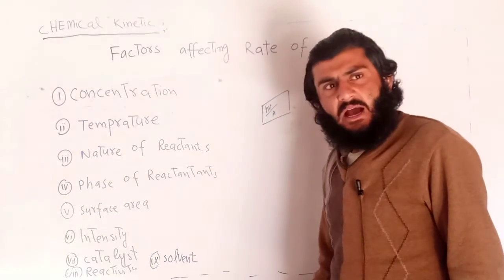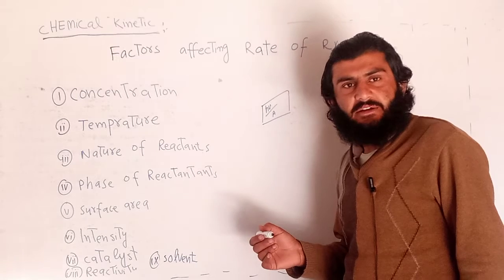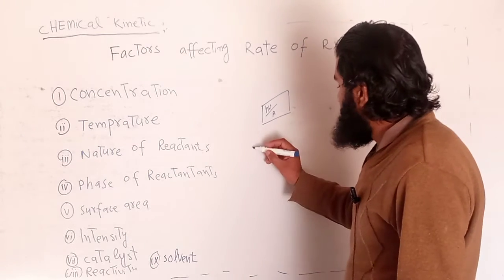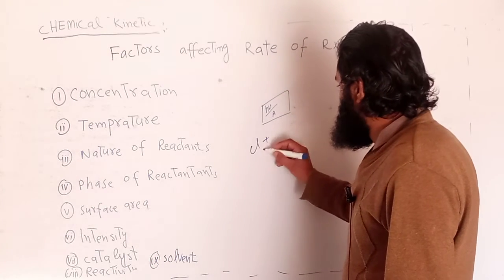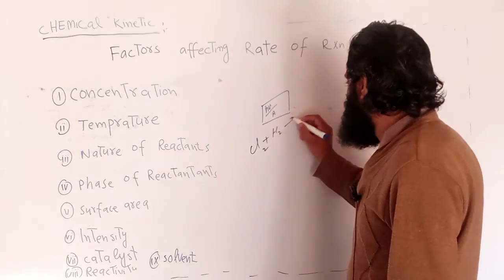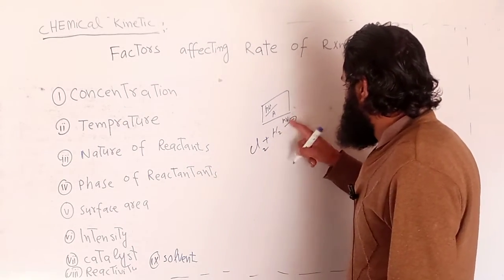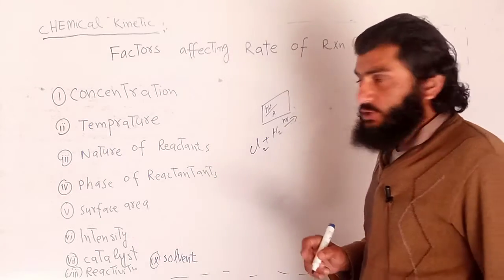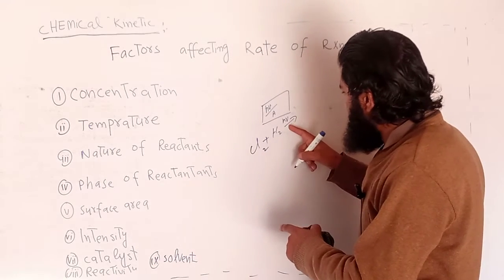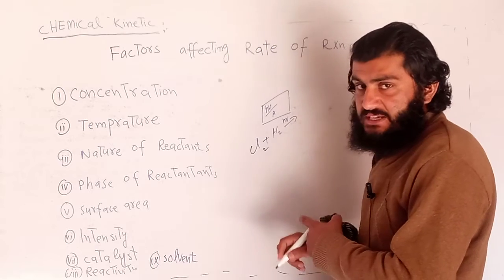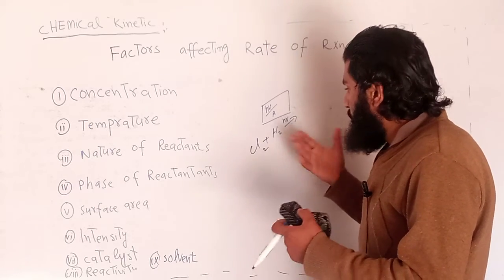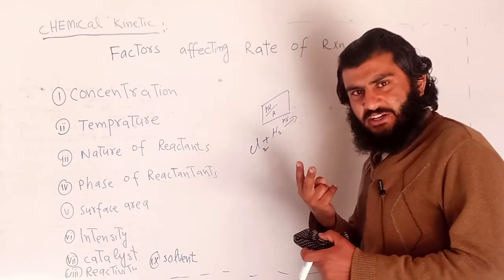So if I take Cl2 plus H2, when they come in contact in the presence of h nu, if one photon is present, then it will form only two radicals.